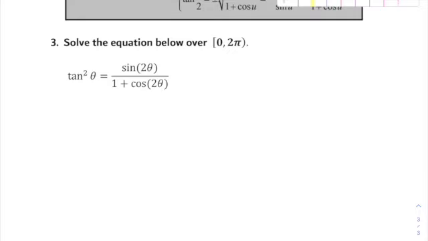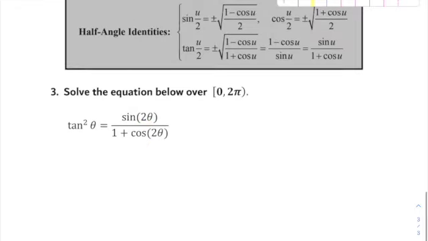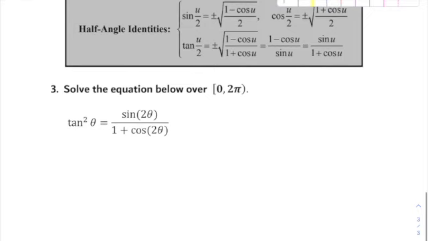And you could start to try to use Pythagorean identities over here. Make this be secant squared minus 1, and then try to change that into some cosine squared, and try to use some double angles over here. Could be a little messy, but it'll eventually get you there, I'm sure.